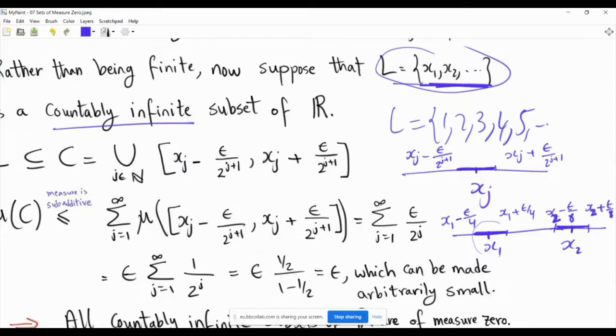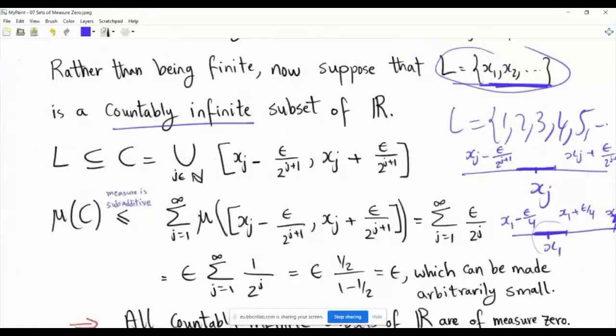All those intervals have positive length. For any j, the length of any of those intervals is a positive number. The number is getting ridiculously small, but it is still a positive number. Now, what is the measure of the union of those intervals?